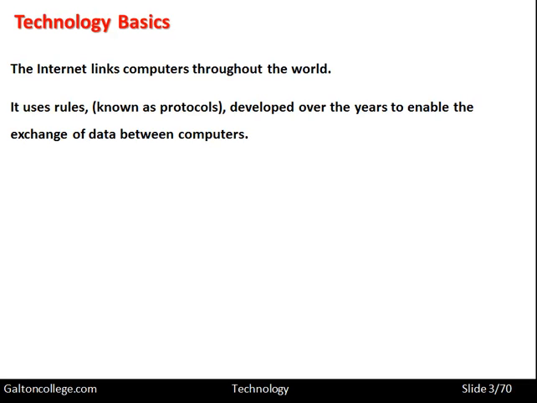It uses rules. The rules are known as protocols. So in computer language, when we talk about a protocol, we're talking about rules. The rules with which the computers connect to each other, or the rules with which the computers operate within that environment. And these protocols have been developed over the years to enable the exchange of data between computers, which presumably is the whole idea.